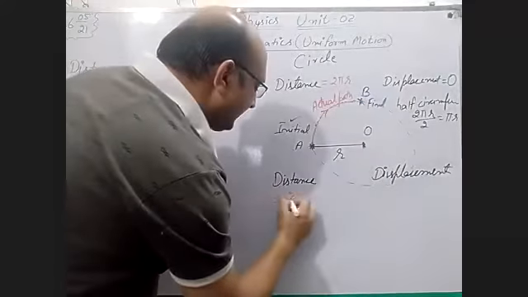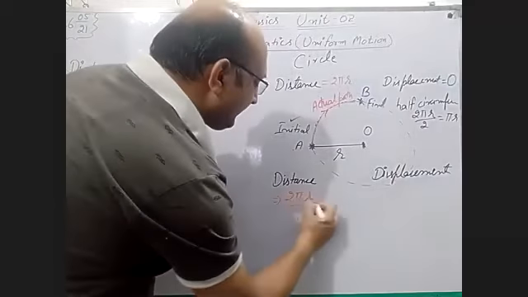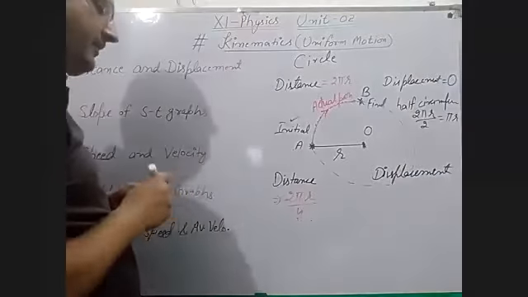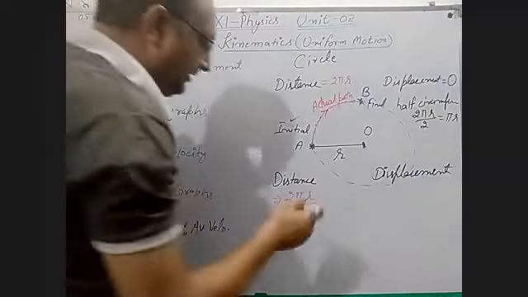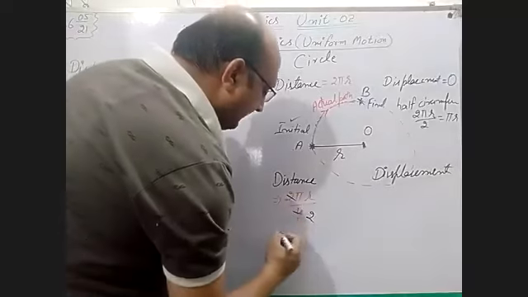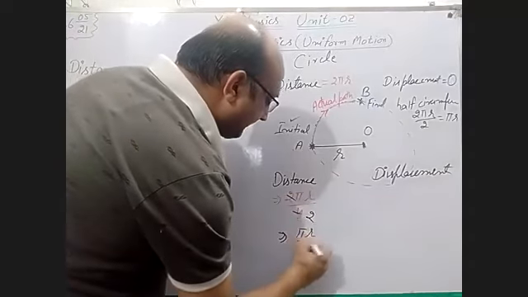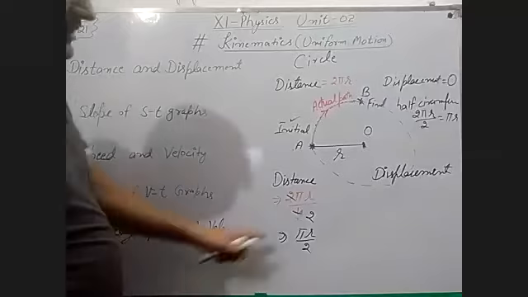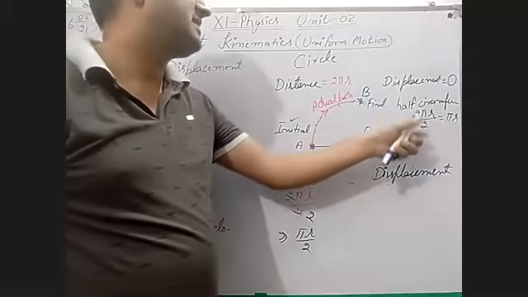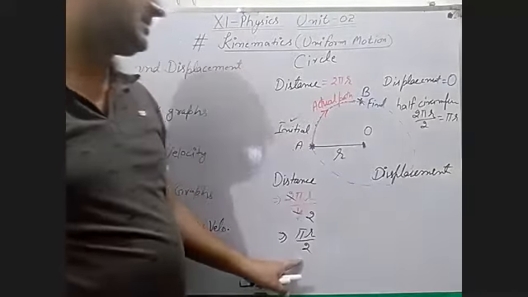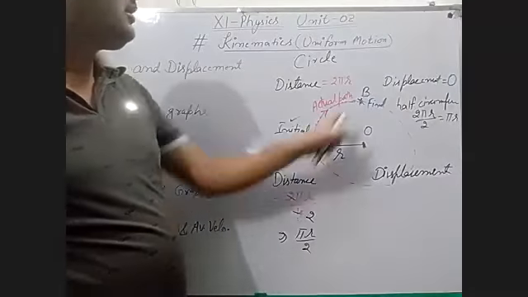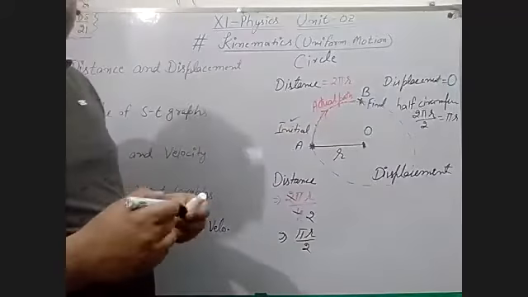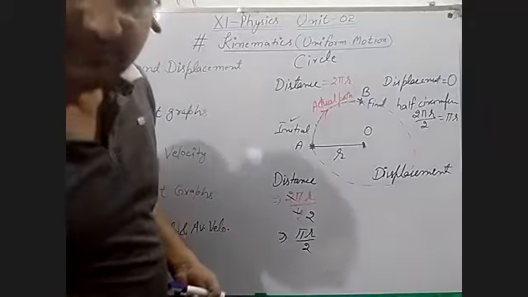Now we can take distance in this way: 2 pi r divided by 4, that is pi r by 2, half of pi r. Okay.